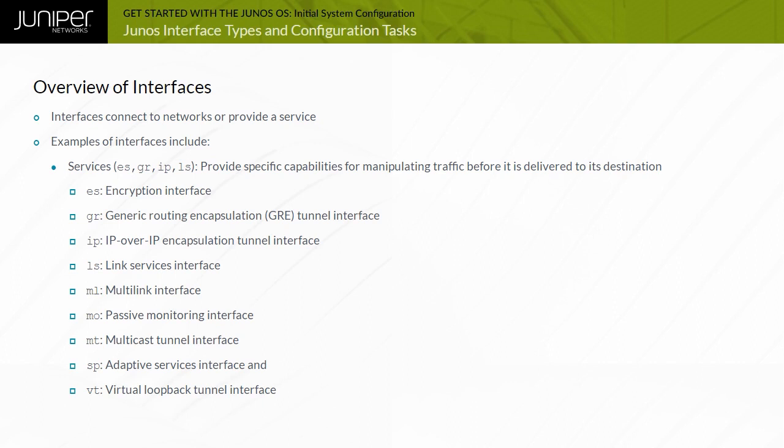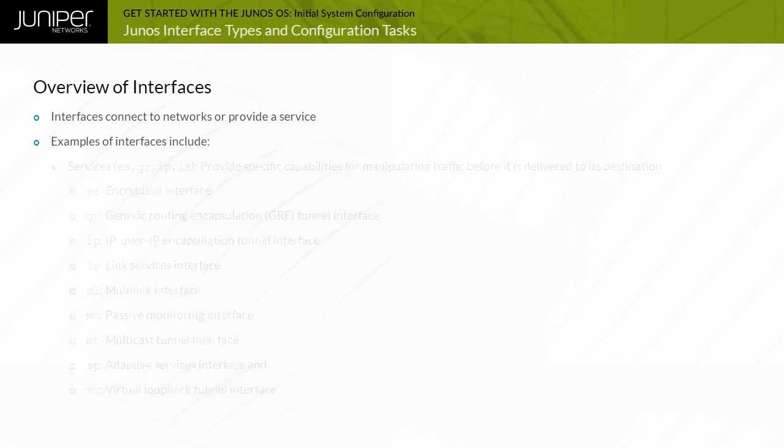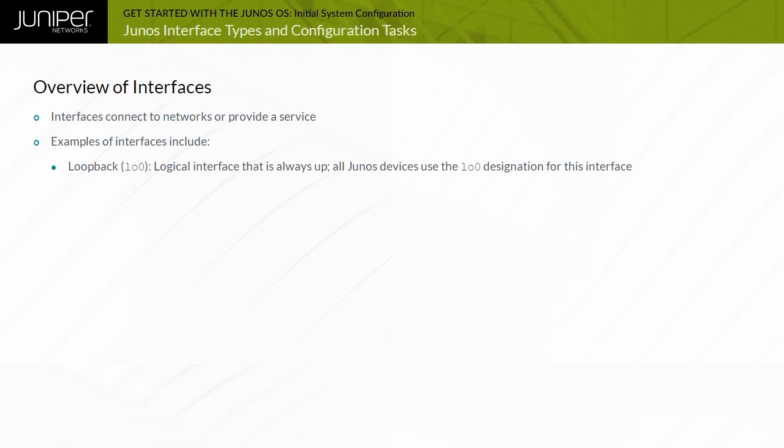Services interfaces can be provided through a physical services interface card or through software. Services interfaces provided through a PIC do not have ports or media associated with them, but have two-letter interface type designations as displayed.